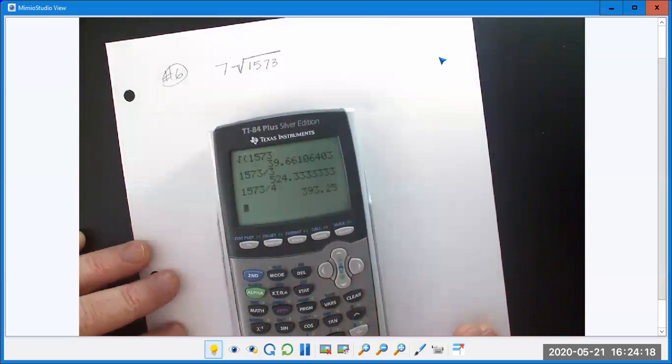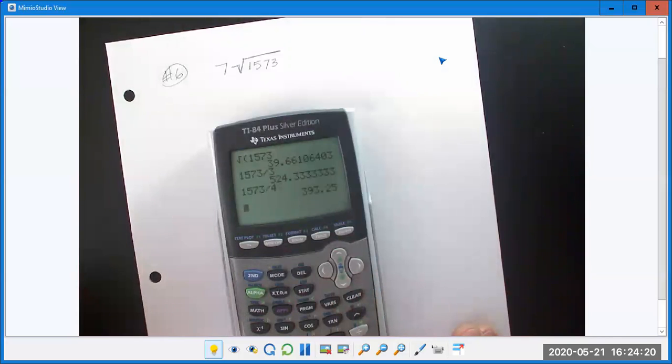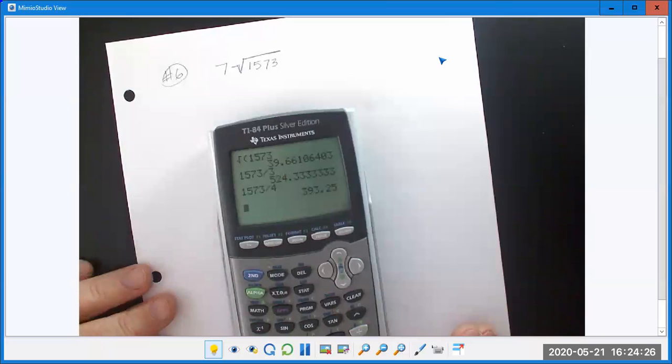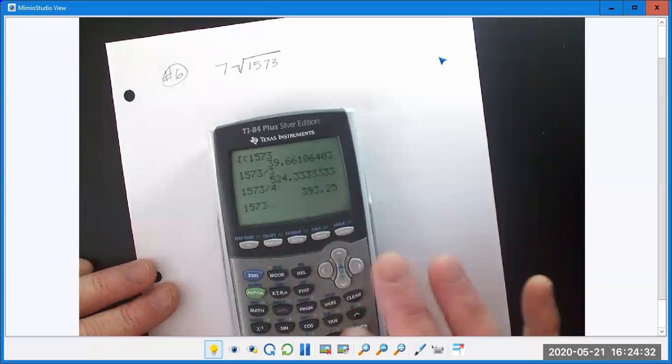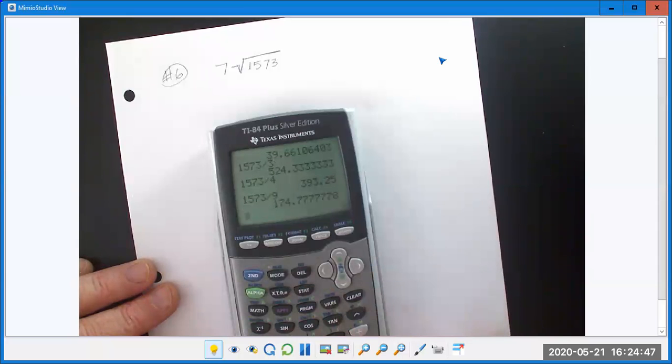Nope. So what numbers are going to divide... oh no. Nine? Nope.